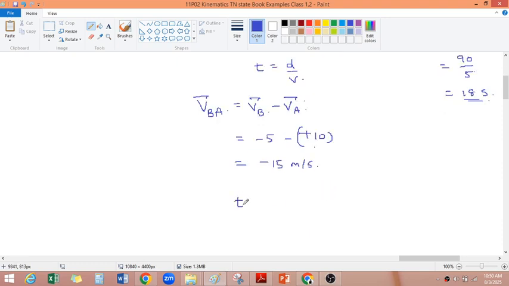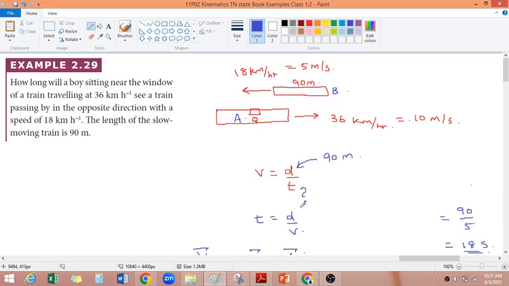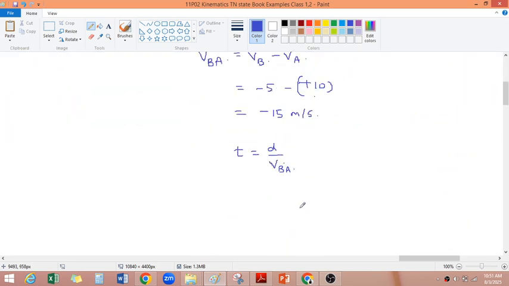So that means the time t is equal to d by v, which means, as I said, it will be the relative velocity vab or vba. But generally in this formula we will not take the minus because time cannot be minus. So d is 90 meters divided by 15 meter per second.